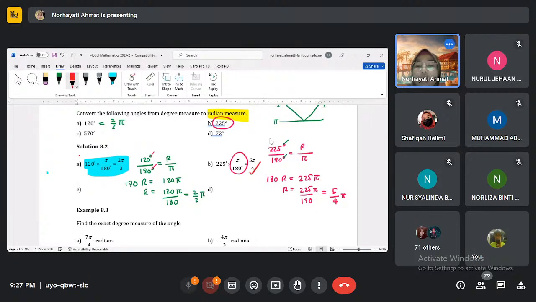Boleh kelas? Cuba kita buat soalan C dengan D. Awak cuba dulu, nanti saya panggil. Find the angle in radian for 570 degree and also for 72 degree. Convert these two angles to radian. Cuba kelas.